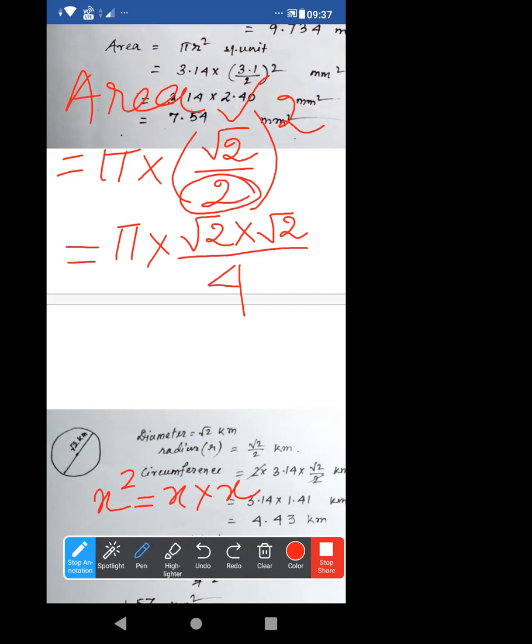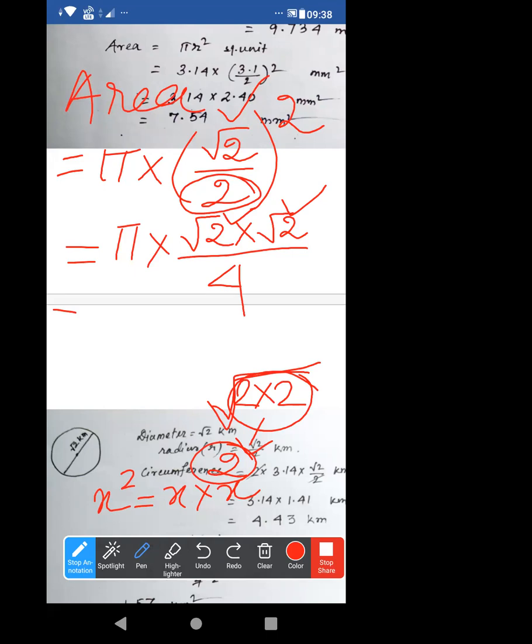Root 2 into root 2 means root 4, which is 2. If 2 is under the root it comes out. That is why I told you not to put the value of root 2.